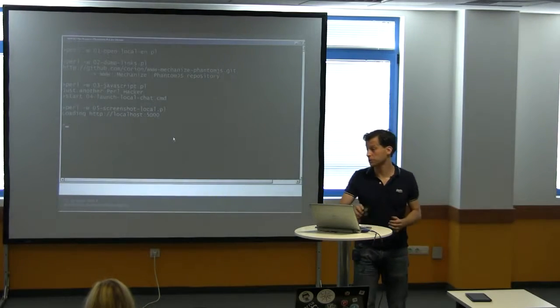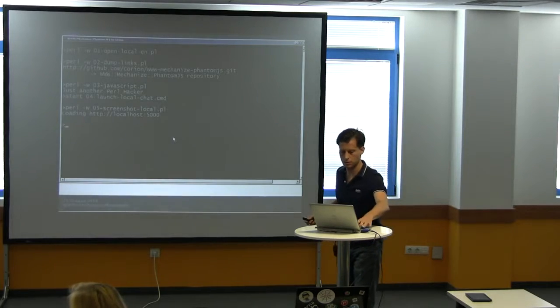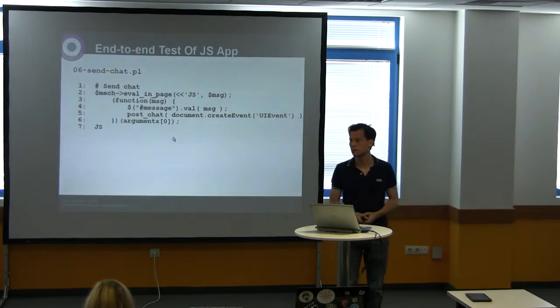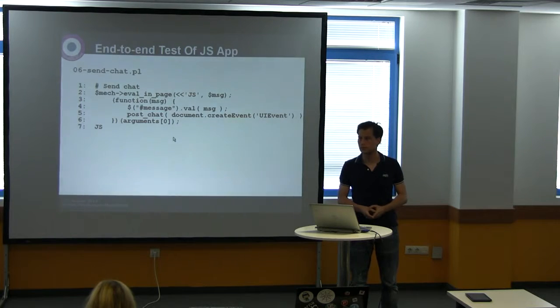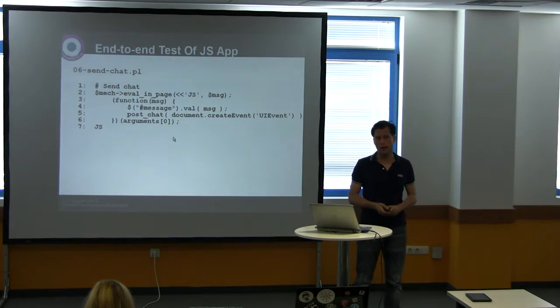A question: this is really nice and related to JavaScript from Perl. How can we hook JavaScript that is running in the browser and call back from JavaScript to Perl? There is no way with PhantomJS to do that.